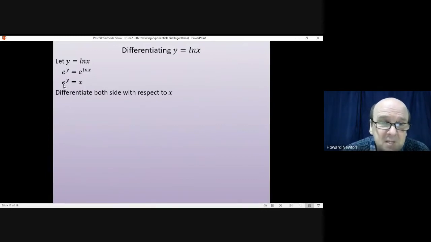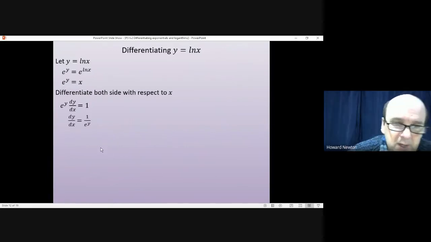When I differentiate the e, I'll just get e to the power of y. But then when I differentiate y with respect to x, that gives me dy by dx. So differentiating the e, that just gives me e to the y. Differentiating y with respect to x is just dy by dx. And as I say, the right-hand side, differentiate x, that just gives you 1.